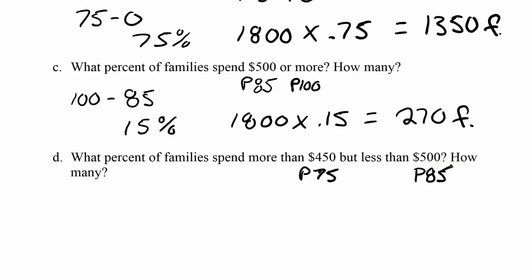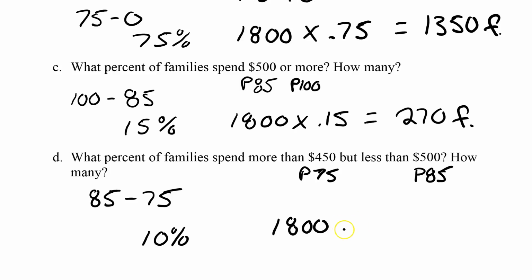So again, same process we've seen before. We take our larger p-value, so 85, and we're going to minus 75. So 85 minus 75 gives us 10%. So 10% of our families are in between 450 and 500. Second part of this, again, we take our population, which hasn't changed, and we times it by our percentage as a decimal, times 0.10, and we have 180 families.